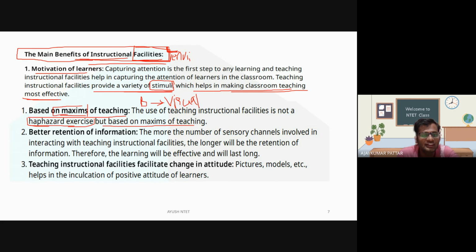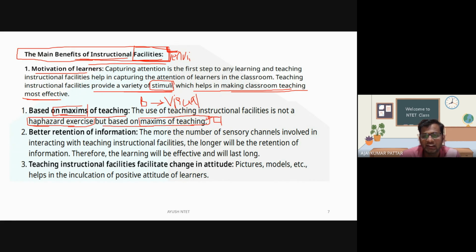You can use these instructional facilities. Otherwise, what happens? If all the facilities are there, you cannot use them randomly or haphazardly. Based on certain rules, maxims of teaching, you can use the model. If primary school students are there, and you have real organs in your institution, it is not like you can show those real organs.